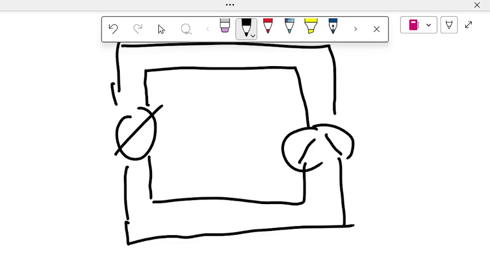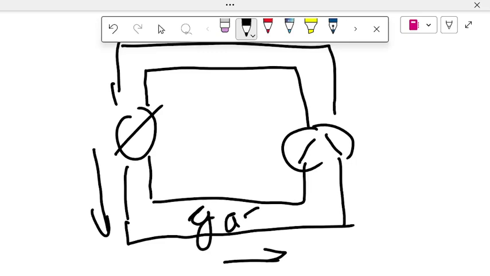Okay, so let's say the direction for the gas is this. As you observe, here is expansion, here is compress.